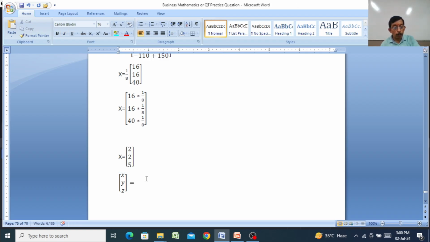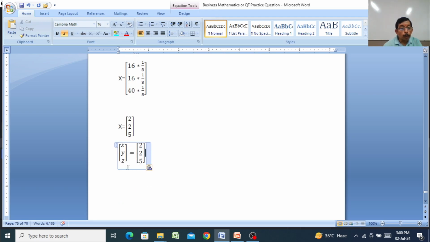Both the matrices are equal matrices, then find the value of x, y, z. X is equal to 2, y is equal to 2, and z is equal to 5. It is clear, everyone?